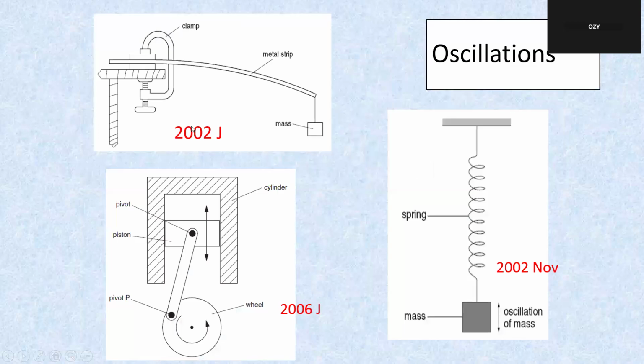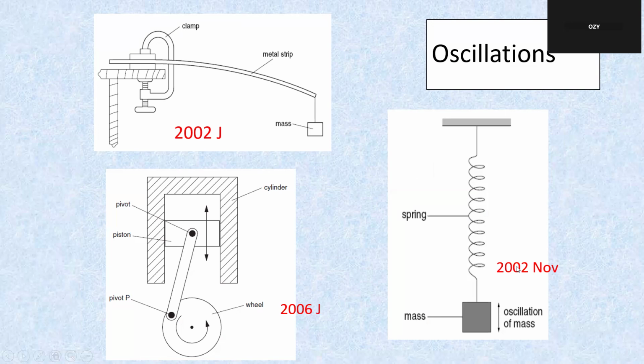Example from past year paper. Hope you have done this experiment in your paper 3. Have you done this one? Yeah, we've done it a lot of times already. This cantilever. This one came out in 2006 June.